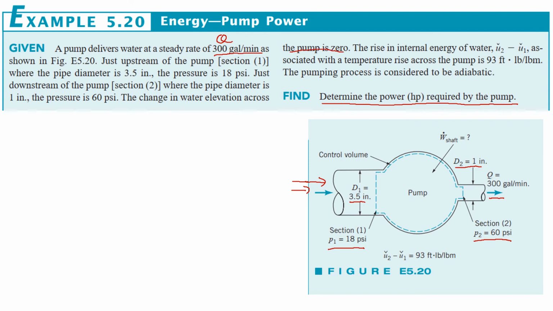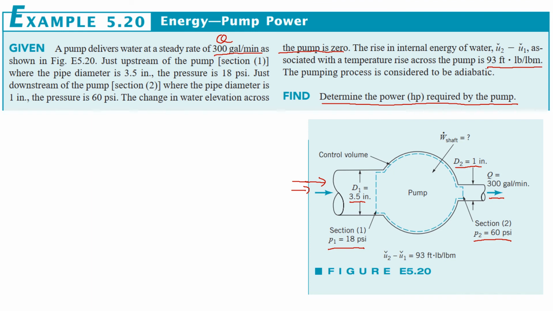This is interesting because in our control surface integral, we have terms for potential energy. In this case, the height is 0, so those terms will be equated to 0. Let's get back to them in a little bit. The rise in internal energy of water, U2 minus U1, associated with temperature rise across the pump is 93 foot-pounds per pound mass.